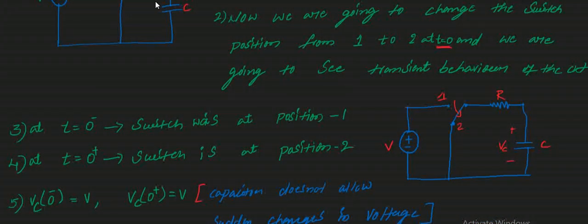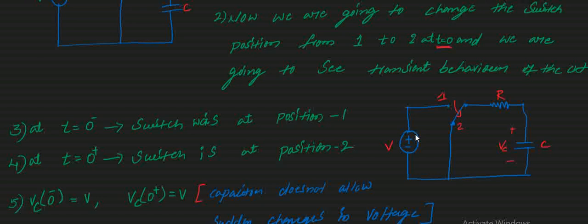The third point is t equal to 0 minus. t equal to 0 minus is just before moving from 1 to 2. By moving from 1 to 2, we are disconnecting the voltage source.